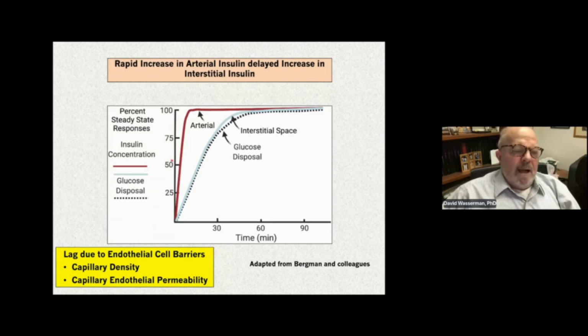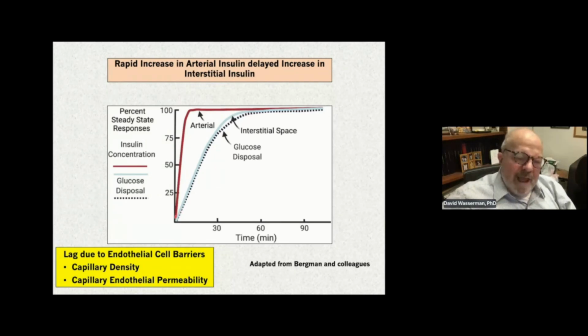On this slide, this red line right here is arterial insulin, and this is the percent steady state responses. What you can see is that arterial insulin rises very rapidly in the blood.